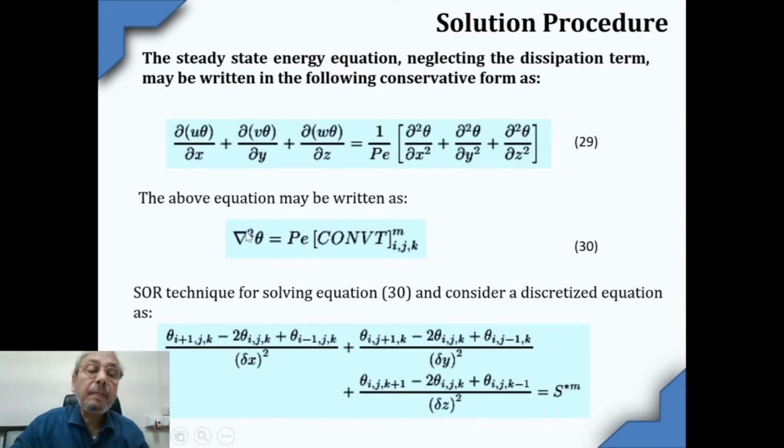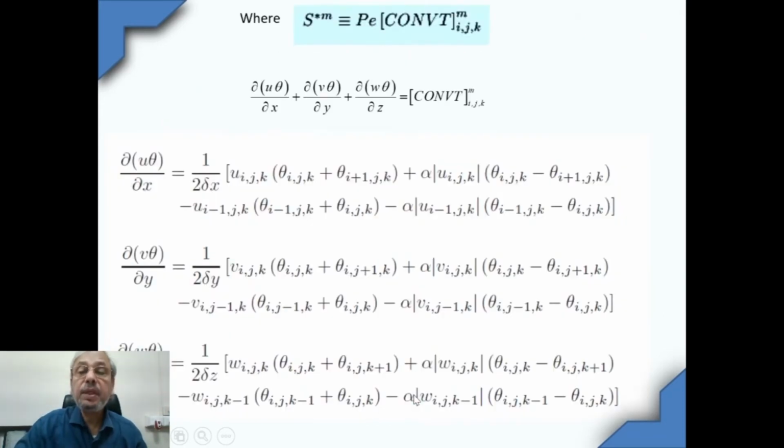And on the left hand side, del square theta, we have discretized following the central difference scheme in the x direction, y direction and z direction. Now as I said, S star m is basically, we have defined, Peclet number into the contribution of the convective terms at the mth level at a point ijk.